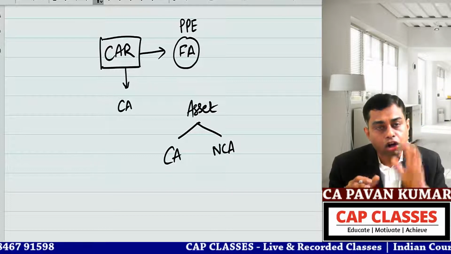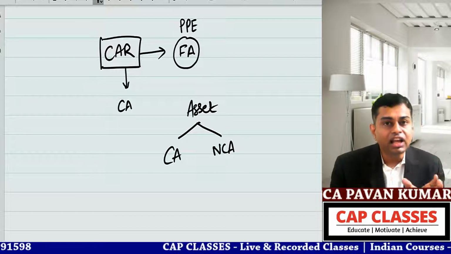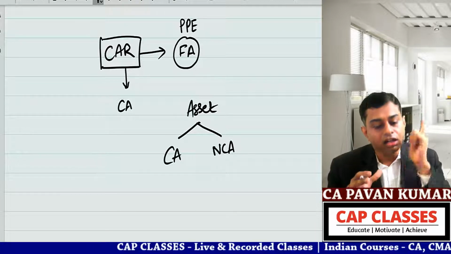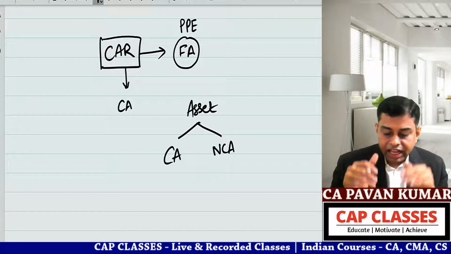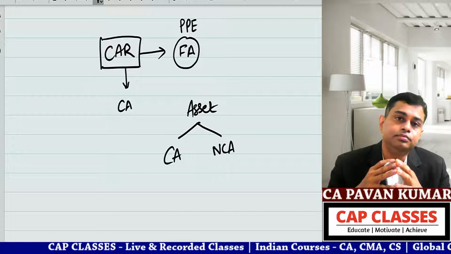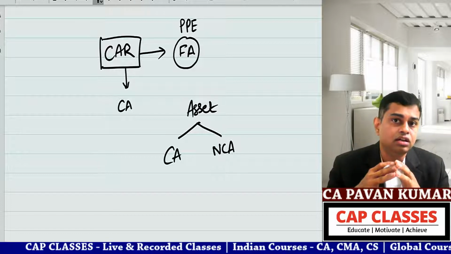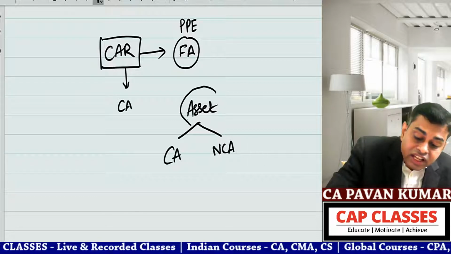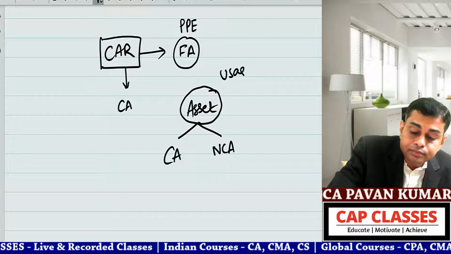Building, fixed asset, wrong. Motor vehicle, fixed asset, wrong. Machinery, fixed asset, wrong. Table, fixed asset, wrong. Mic set, fixed asset, wrong. Computer, fixed asset, wrong. It depends on your usage of the asset.